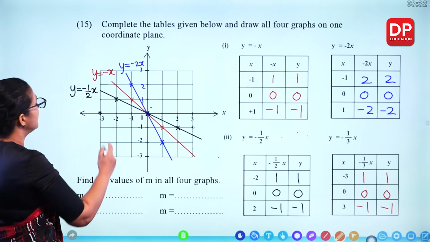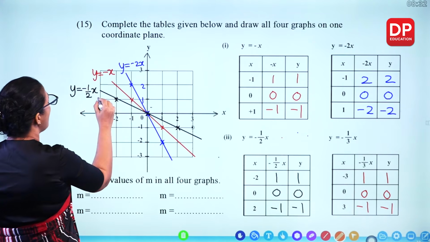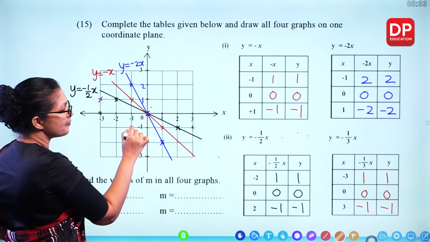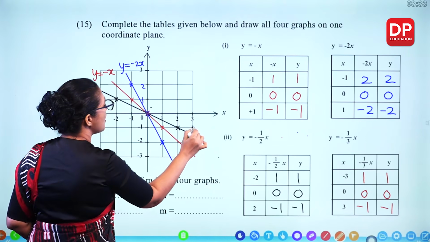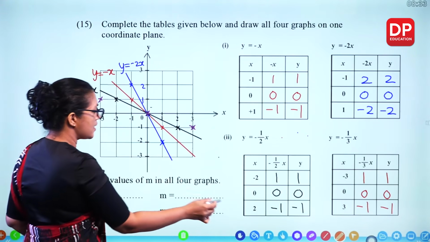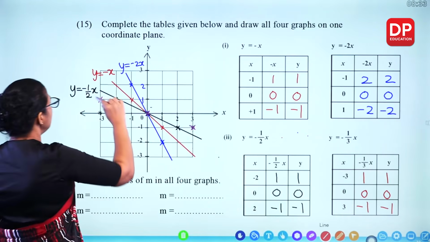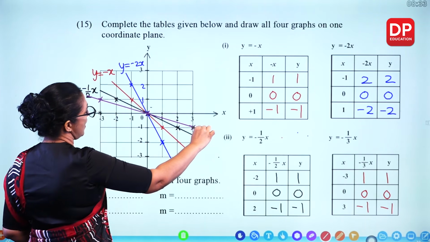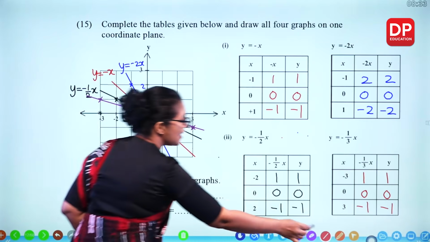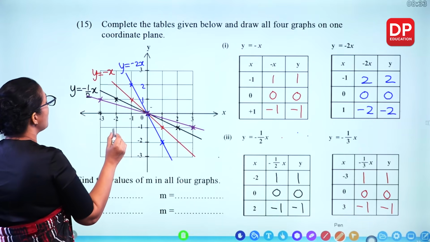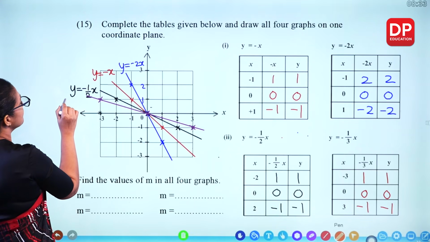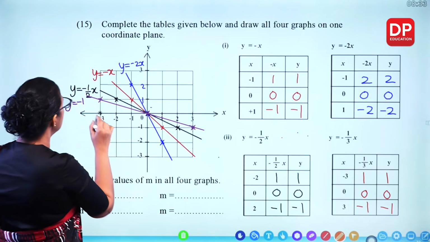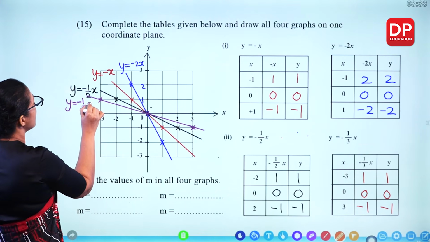Mark -3, 1; 0, 0; 3, -1. Now connect with a ruler. You get a graph like this. So what's the equation? Y equals -1/3 x.